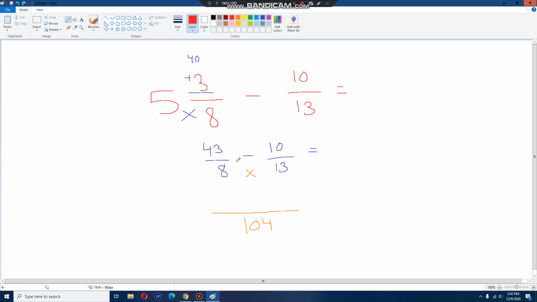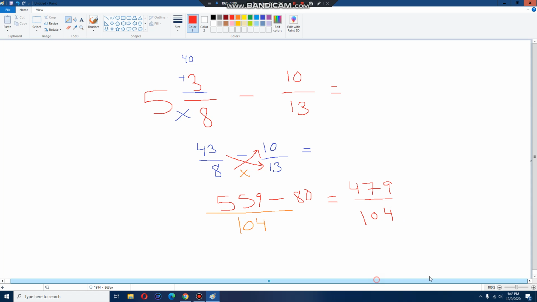So you do 43 times 13, and 43 multiplied by 13 is 559, minus 8 times 10, which is 80. So 559 minus 80 is equal to 479 over 104.